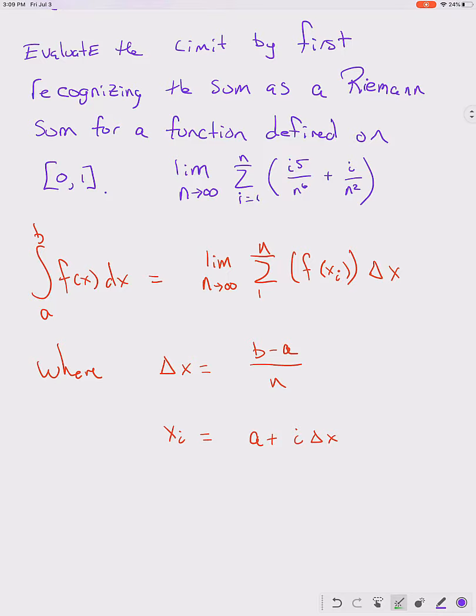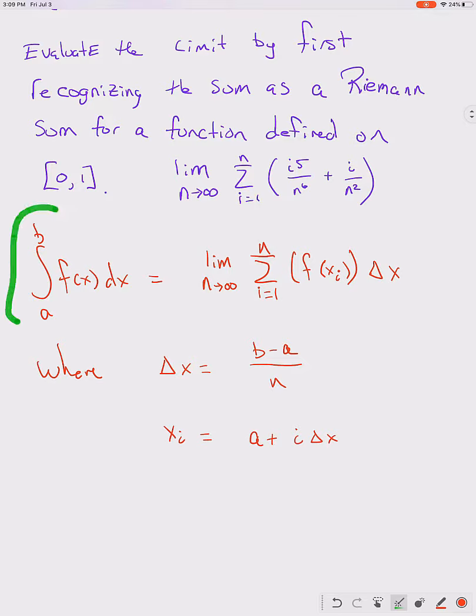The key to this problem is remembering the definition we want to use here: the integral from a to b of f of x dx is equal to the limit as n approaches infinity of the summation of i equals 1 to n of f of xi times delta x.